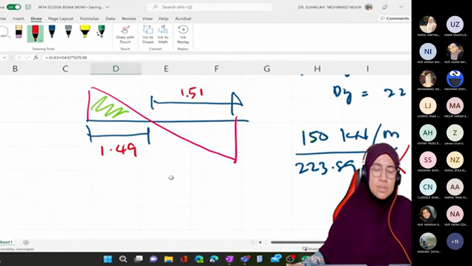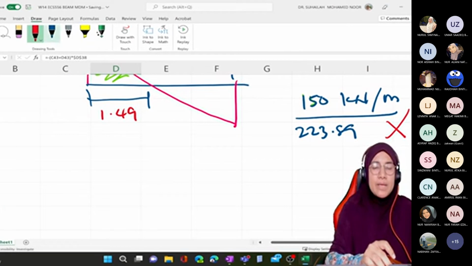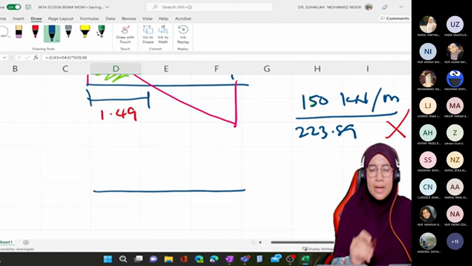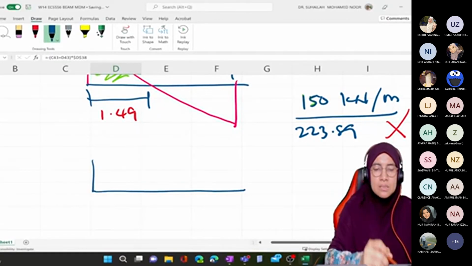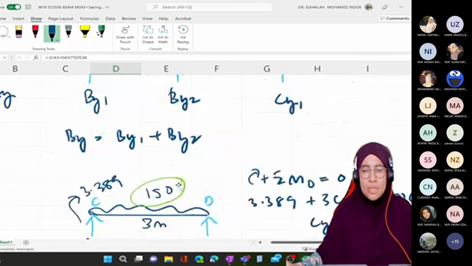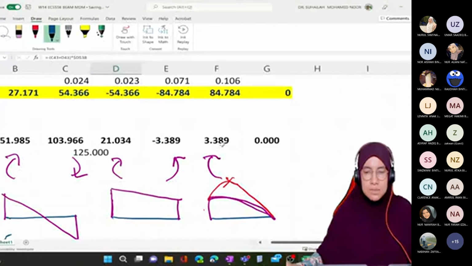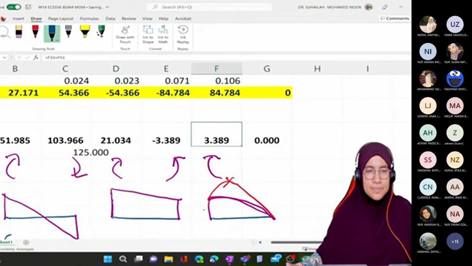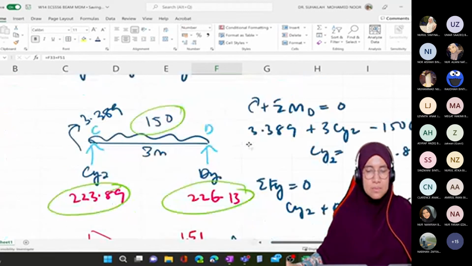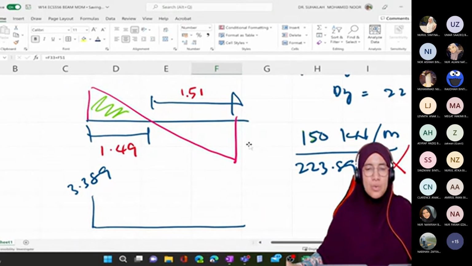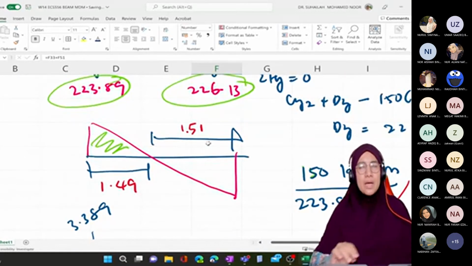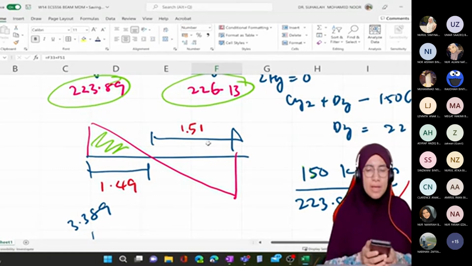So the bending moment diagram, if we need to highlight the salient points in the bending moment diagram, it is 3.389. It is positive. This one, 3.389. We have to plus with the area of the first triangle.